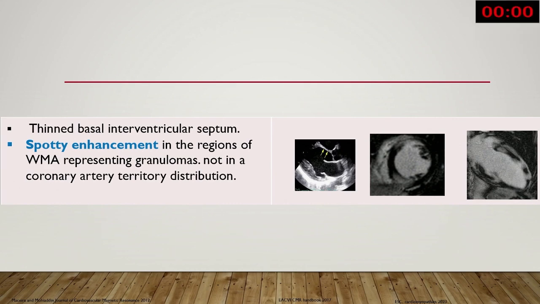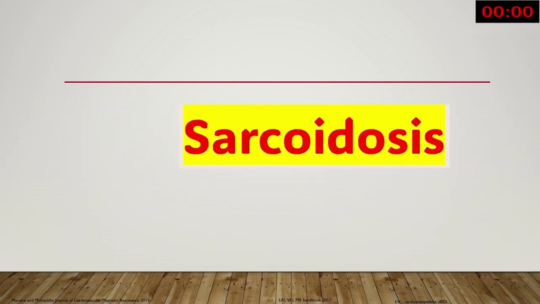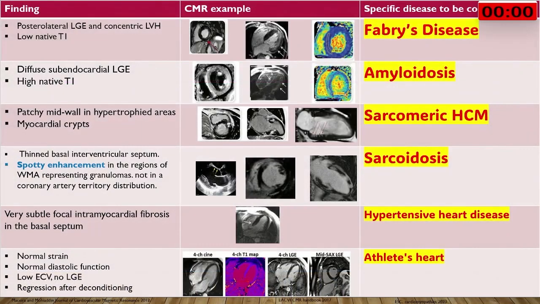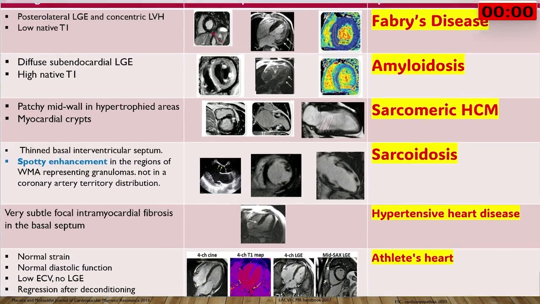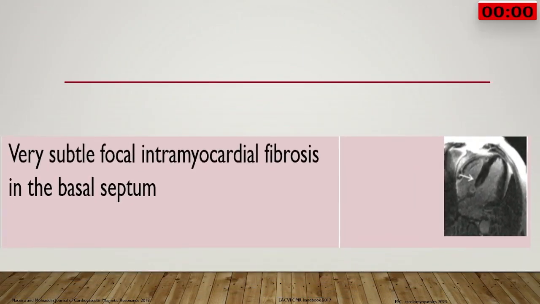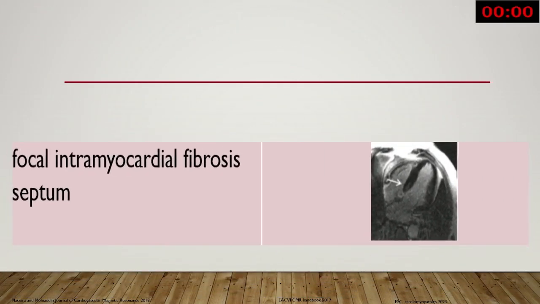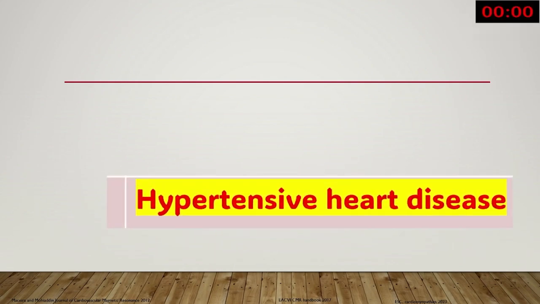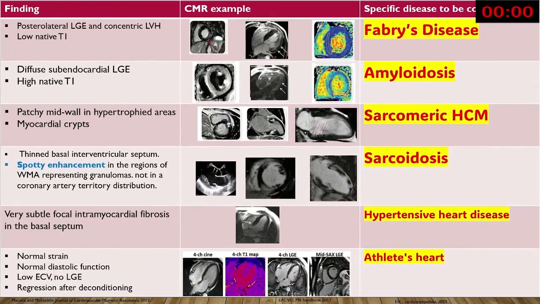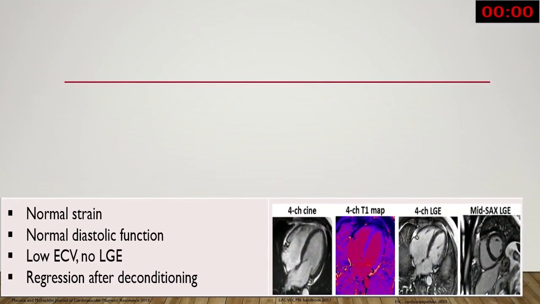It is sarcoidosis. Okay, I'm finishing. Just extra 1 minute, please. Very subtle focal intramyocardial fibrosis in the basal septum with long-standing hypertension. And finally, athlete's heart, we covered it in detail.